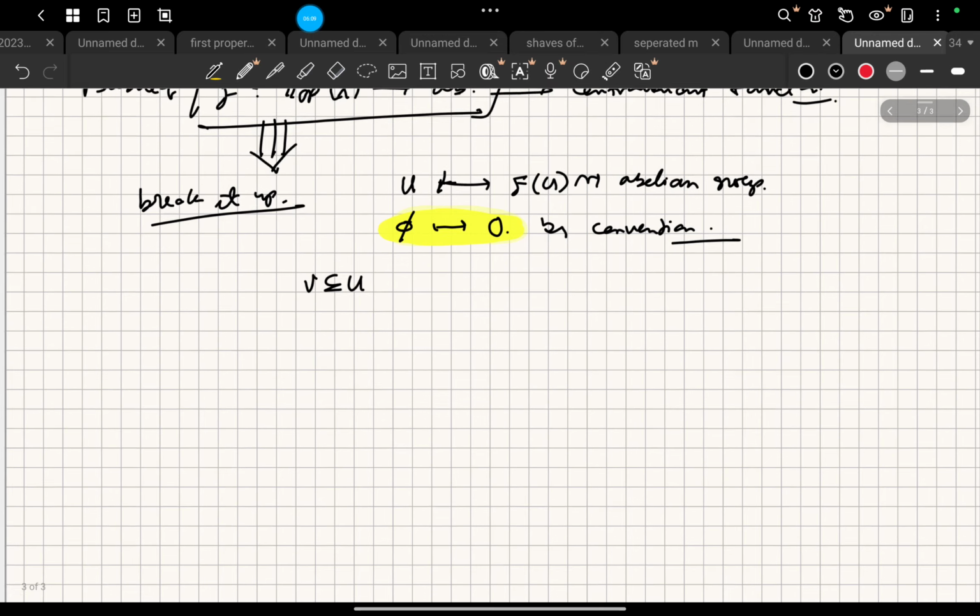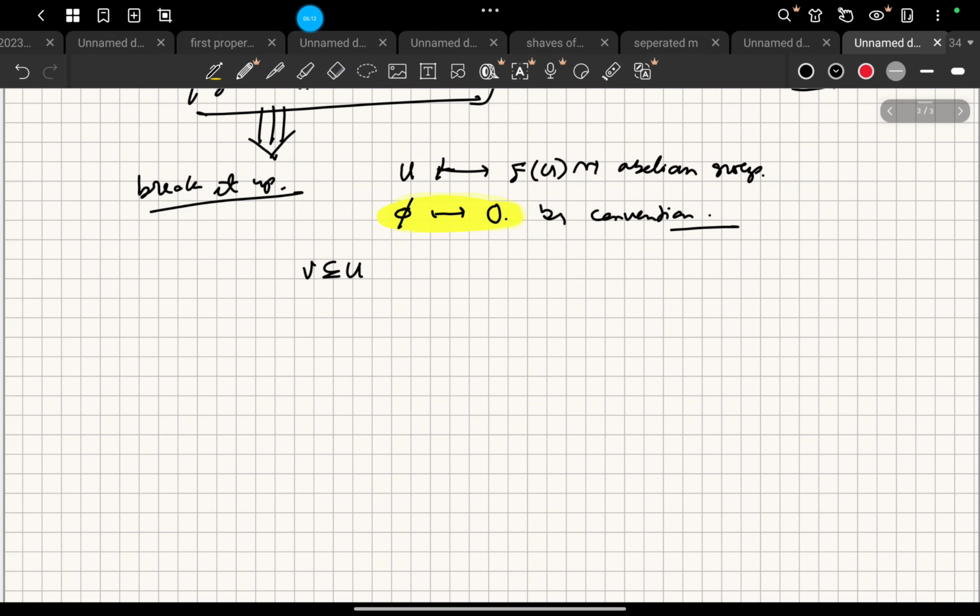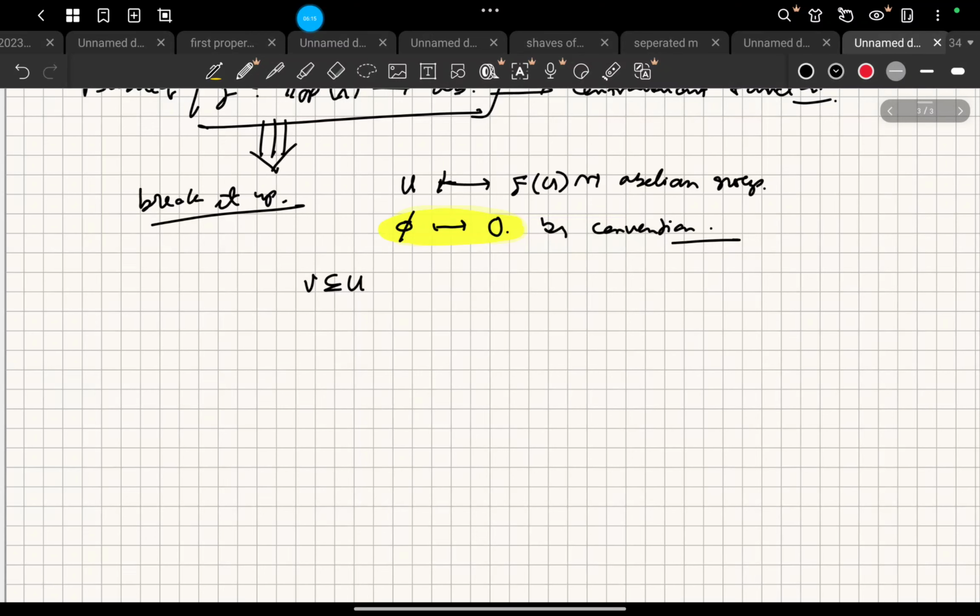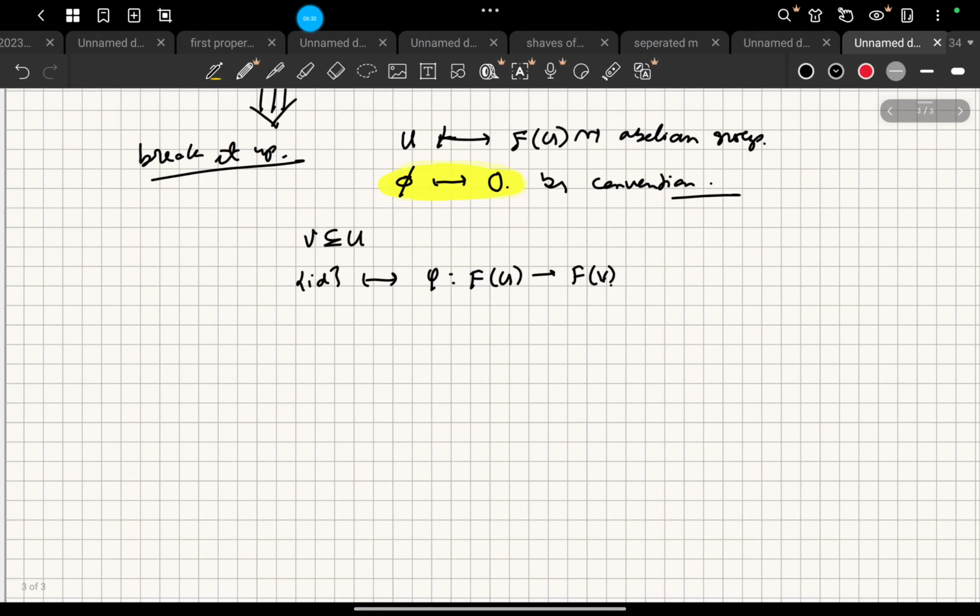And whenever I have V a subset of U, which means an identity morphism, it is mapped to a group homomorphism from F of U to F of V. Basically, for a contravariant functor, Hom(U,V) is mapped to Hom(F(V),F(U)), so the directions are getting reversed.